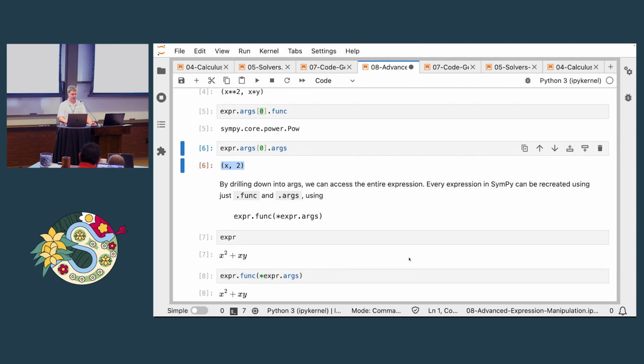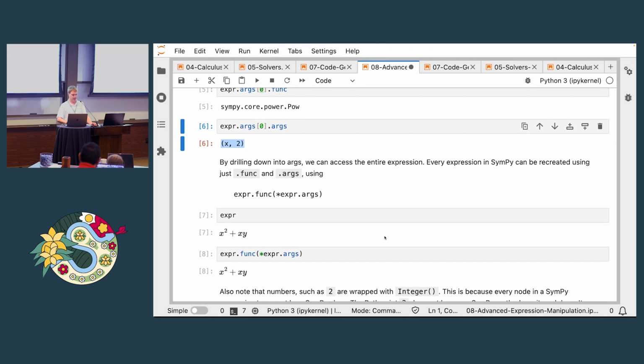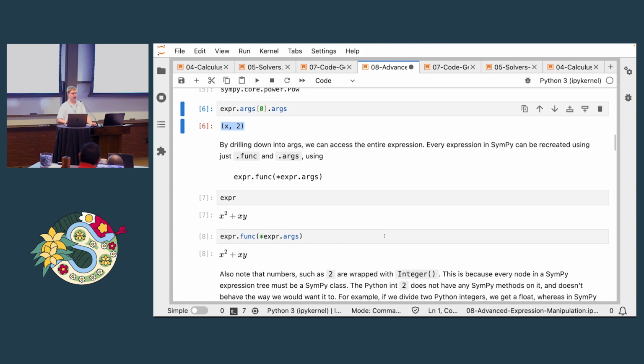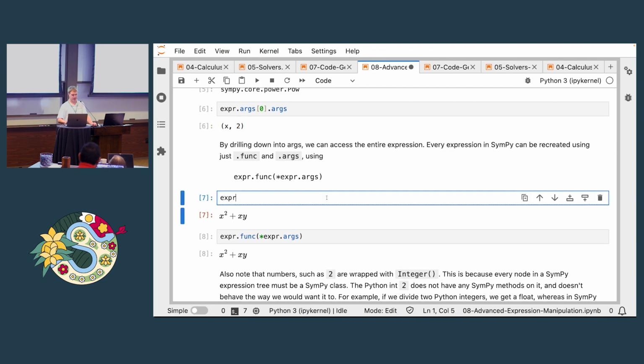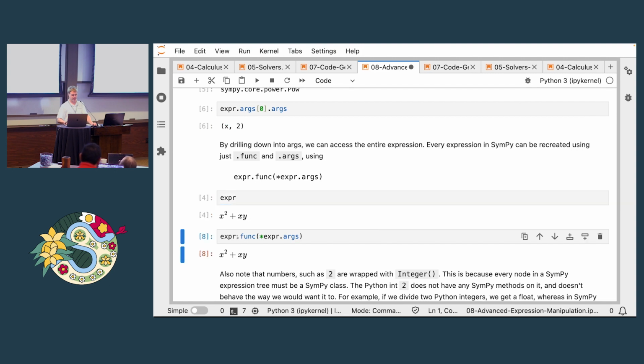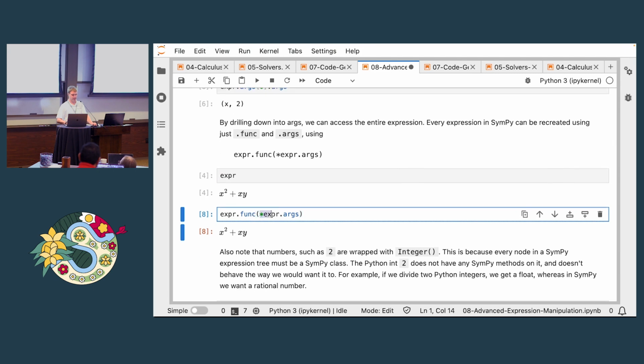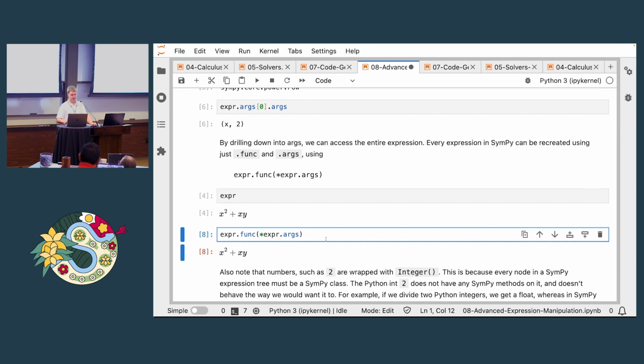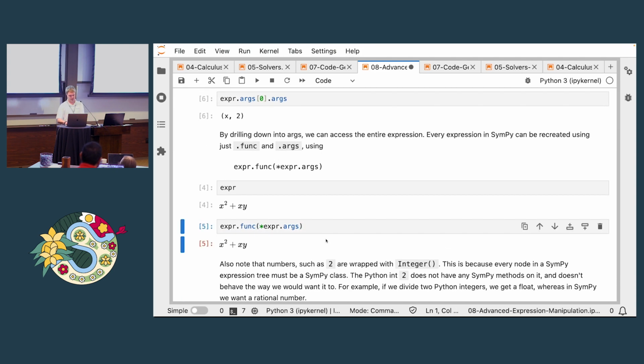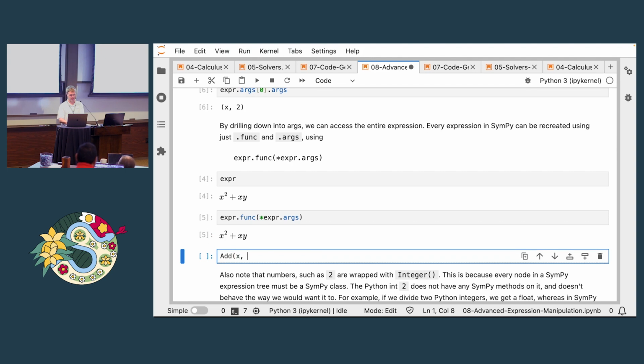The key thing with func and args is that you can use them to rebuild an expression. If I take this expression and use the func on it, and then use star expr.args, the star makes it so that the args, x squared and x times y, are the direct arguments of the function.